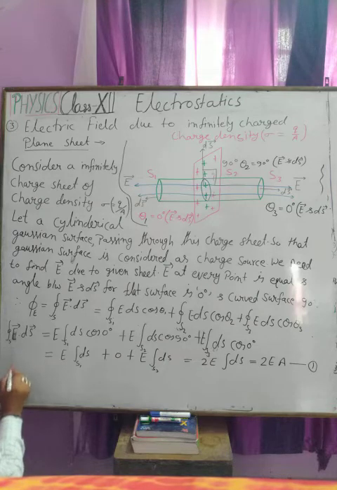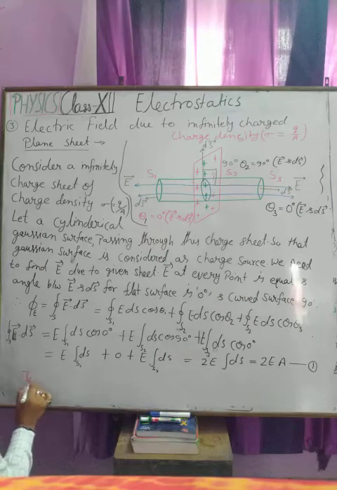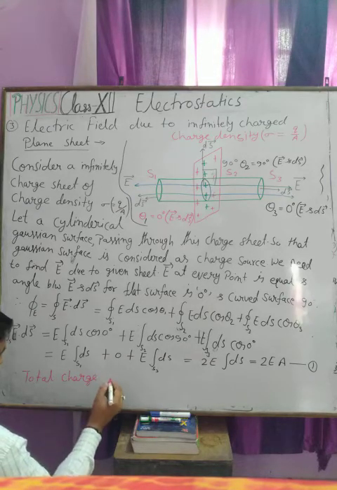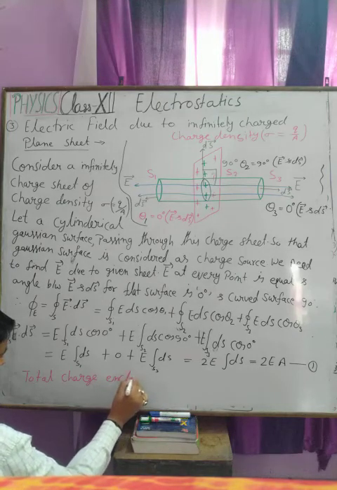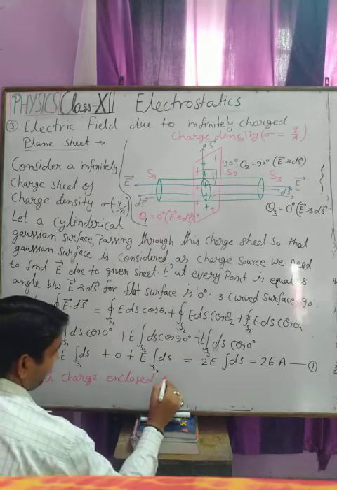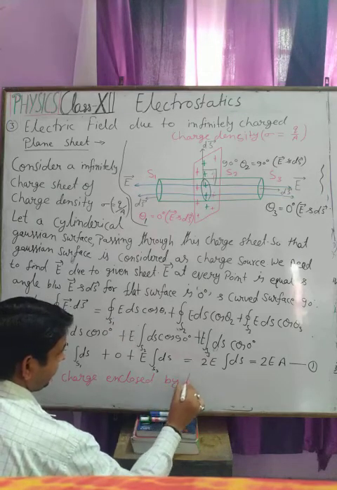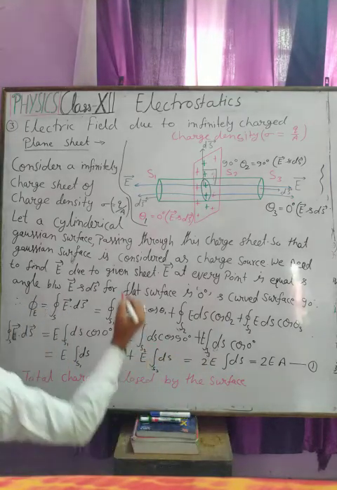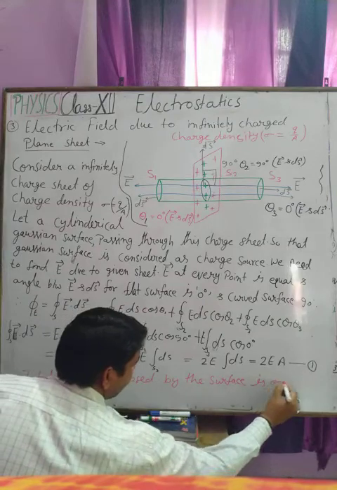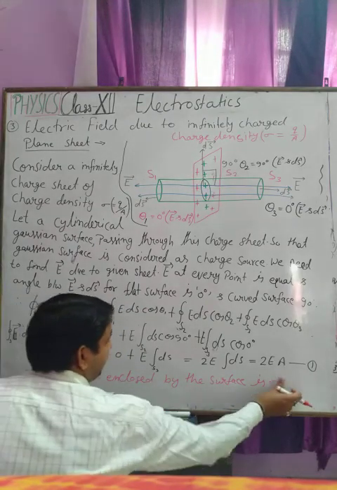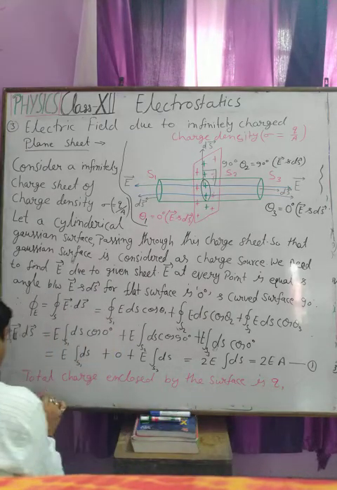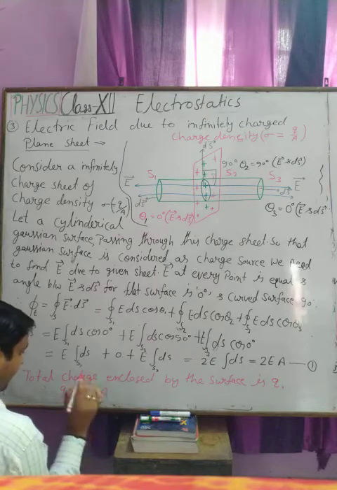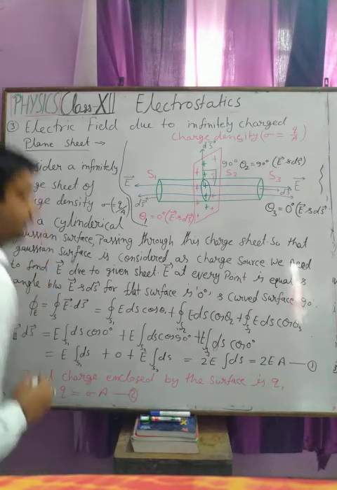The total charge enclosed by the surface is q, which is given by q equal to sigma A. This is equation second.